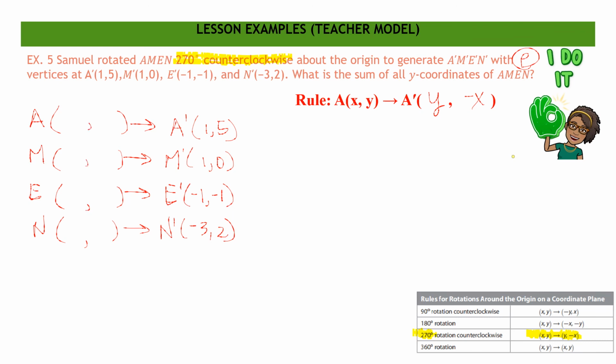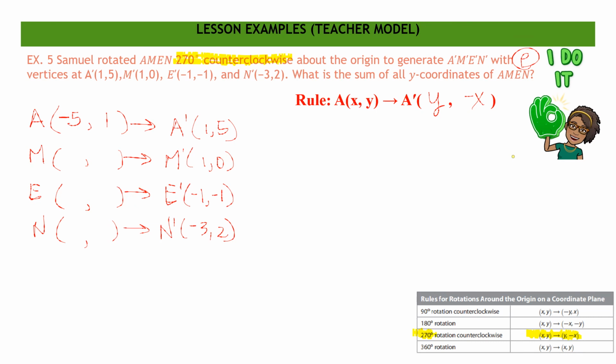So if I originally were working with my coordinates of (y, -x), that means I just have to flip them back and then take the opposite of what the original x would be. So here I'm going to have (5, 1). I'm flipping it back, and then my x originally was negative here. Then I have M prime, which was (1, 0).